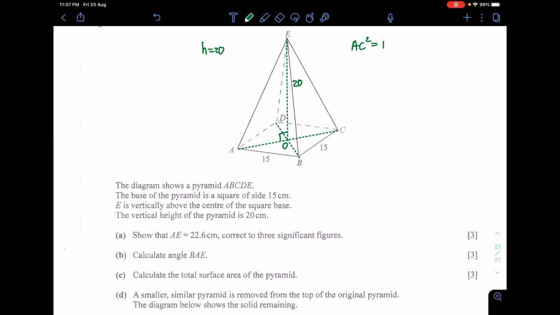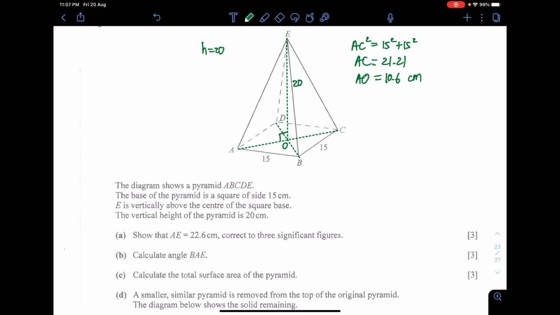AC squared equals 15 squared plus 15 squared. Pythagoras theorem, standard. So 15 squared plus 15 squared, 450. I'll get AC, which is root of 450, 21.21, and therefore AO must be 10.6 cm.